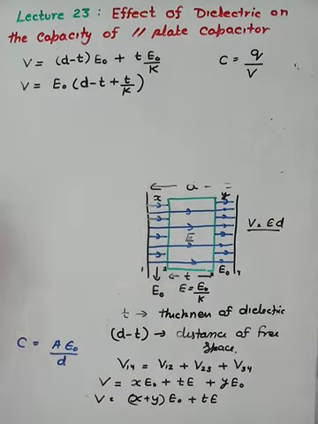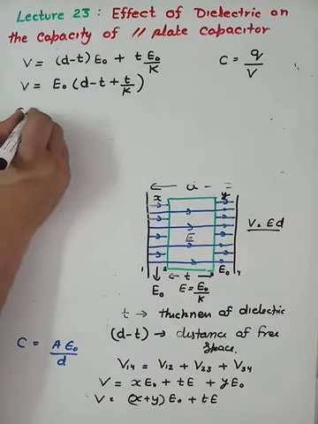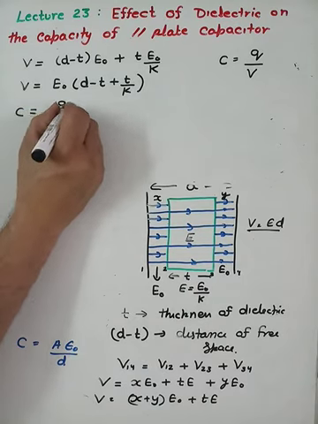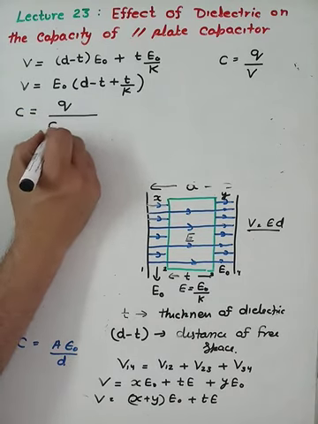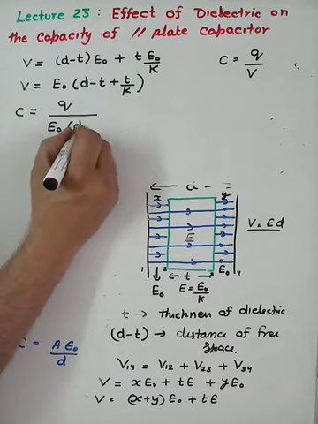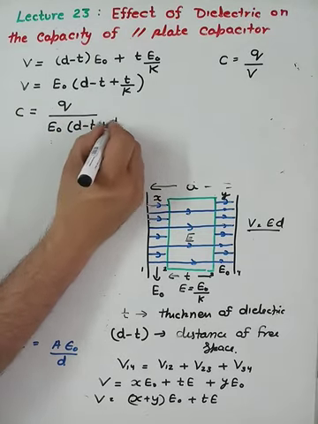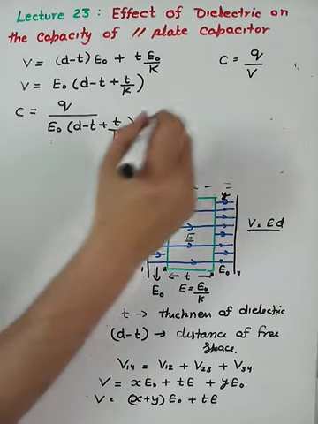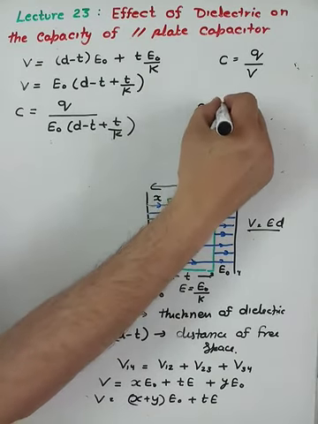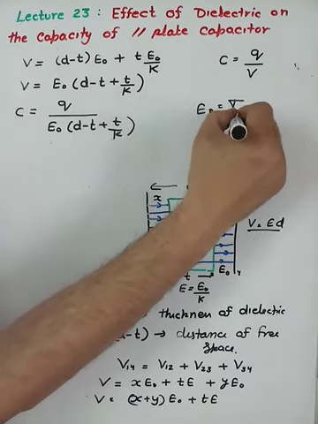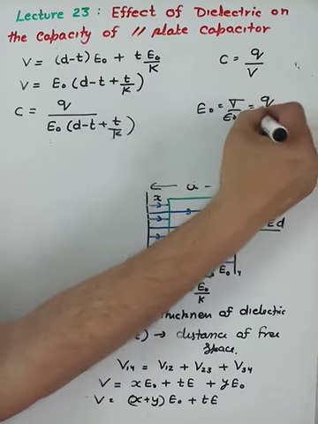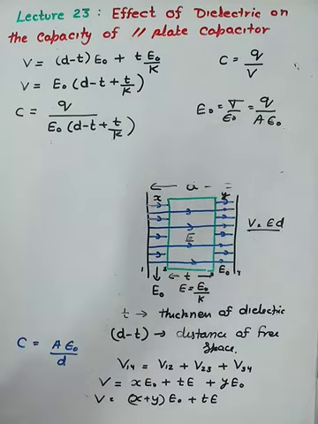Now Q is the charge, so capacity is Q by V, and V is E naught times (d minus t plus t by k), where E naught is equal to sigma upon epsilon naught, which is equal to Q upon A epsilon naught.